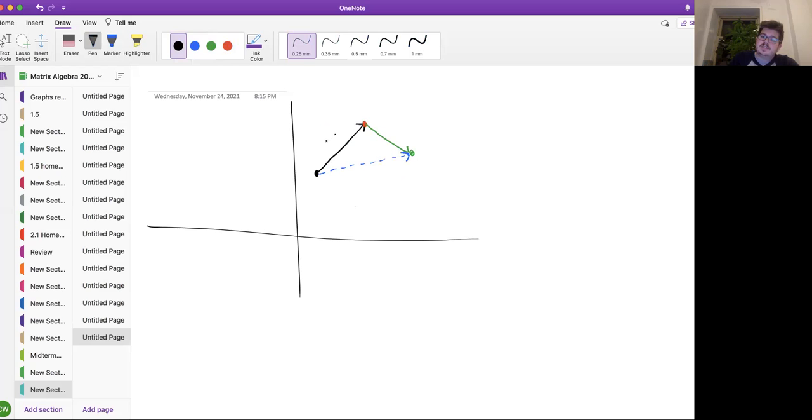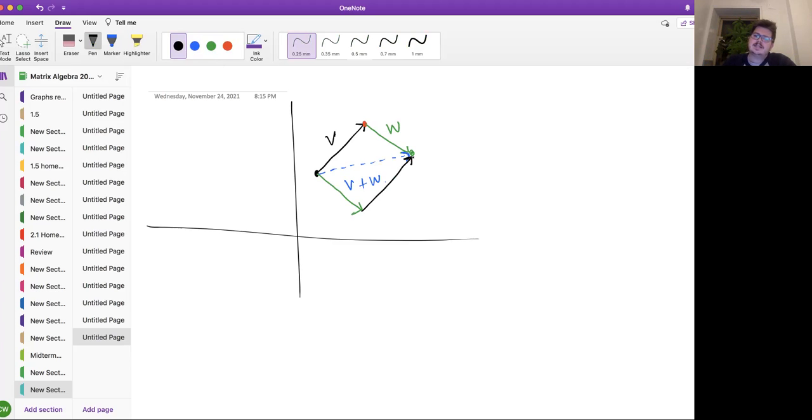So if this is the vector meaning jump this way for this far, and this means jump this way that far, it's the same as jumping this way for that amount, as if I were to go diagonal. And why is it commutative? If I reverse the order, I get a parallelogram.